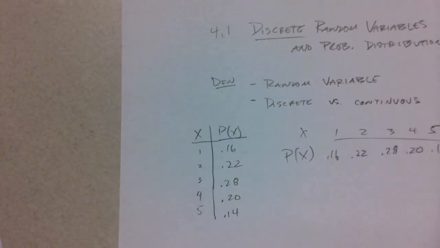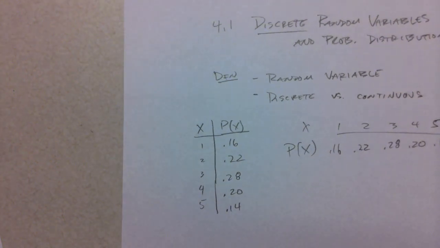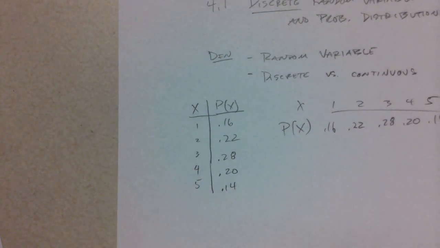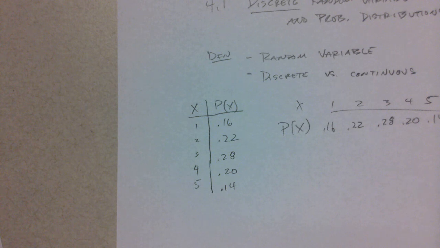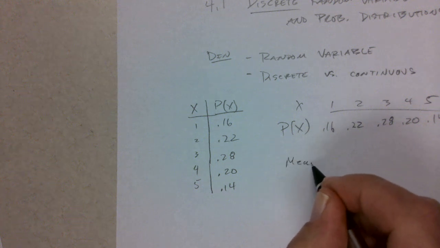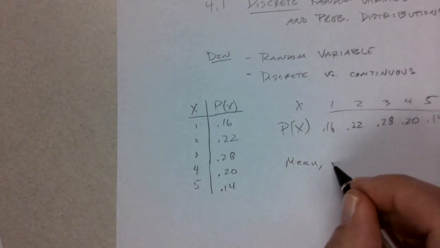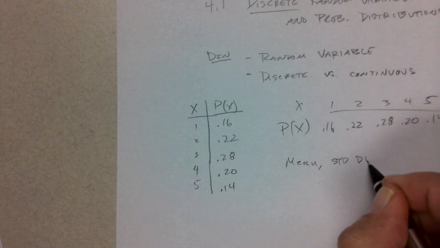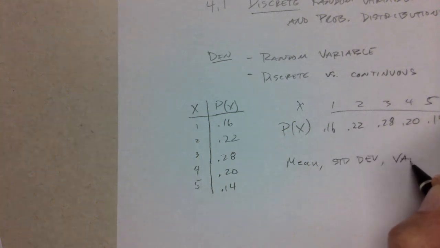Okay, so if you see something like that in a problem, you say, okay, in my head I'm going to the discrete land of probability, and these have certain calculations, right? Like if you want to find the mean or the standard deviation or the variance, how would I do that?